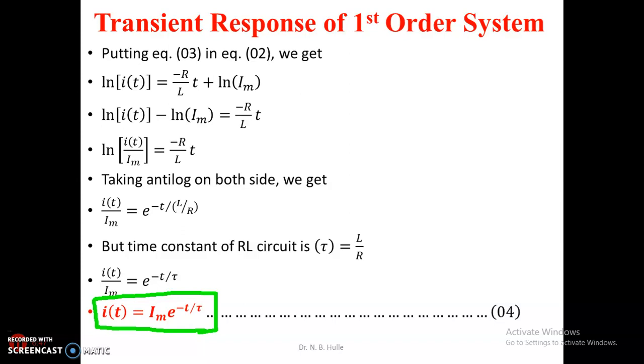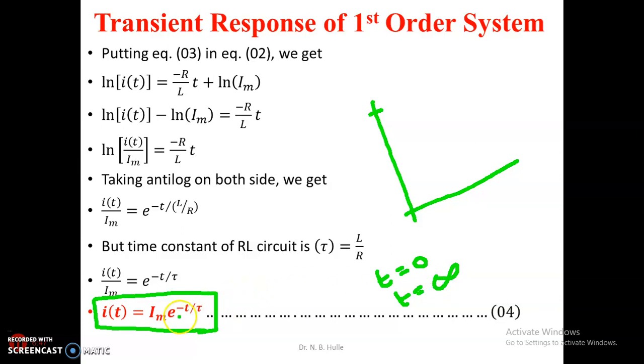Now if we try to plot the graph for this equation at t equal to 0, e raised to power of 0 is 1, and in that case I(t) becomes Im, which means the graph will start from this point, Im. Now we put another condition, t equal to infinity.